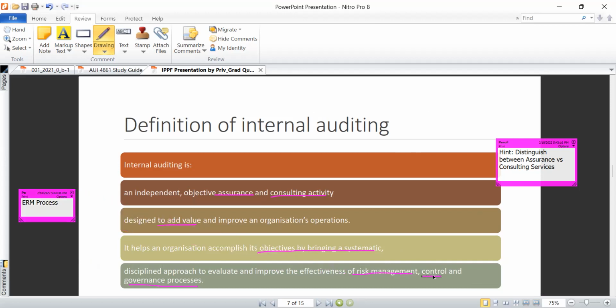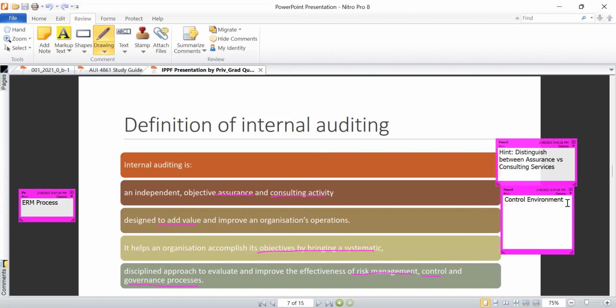Then number two, when you're looking at controls within an organization, it's important to understand that controls are applied in a particular environment. So you need to have a good understanding of the control environment of the organization in concern.